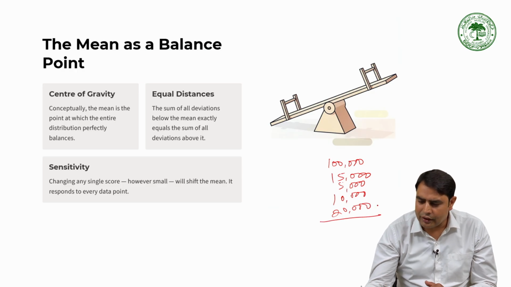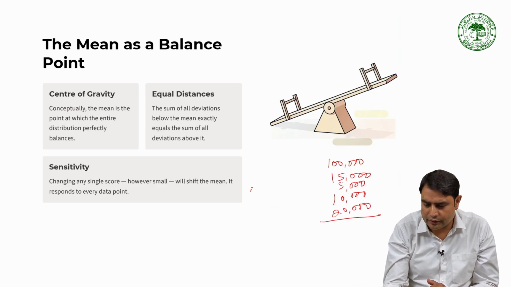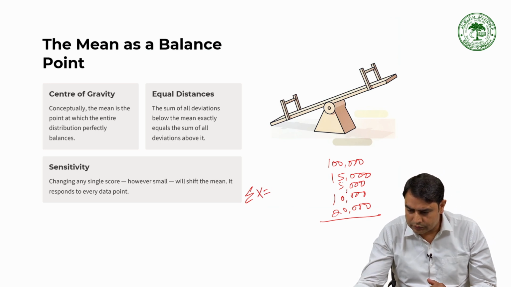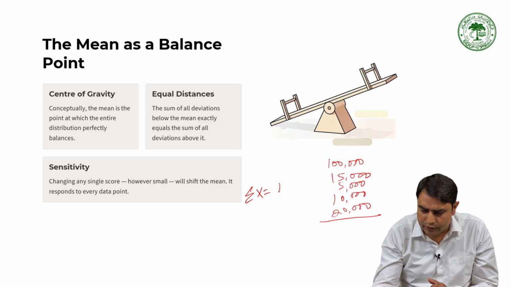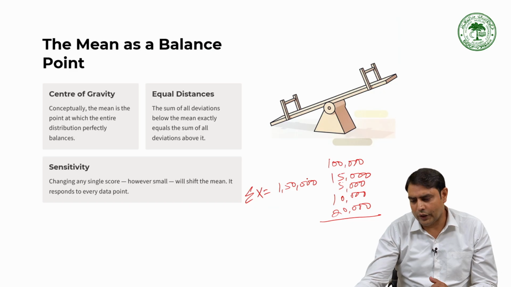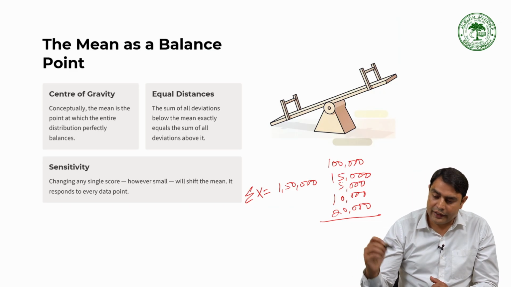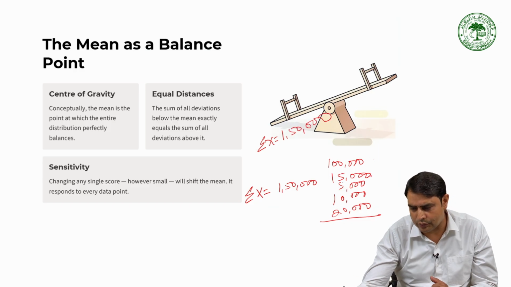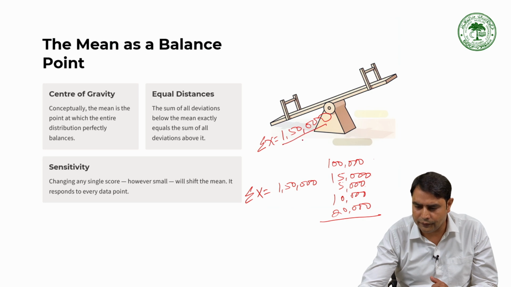So, taking the summation x, the total of this is 1,50,000, right? And if I want to find the mean, it is summation x, that is 1,50,000, divided by the number of observations, that is 1, 2, 3, 4, 5. The answer is 30 thousand.